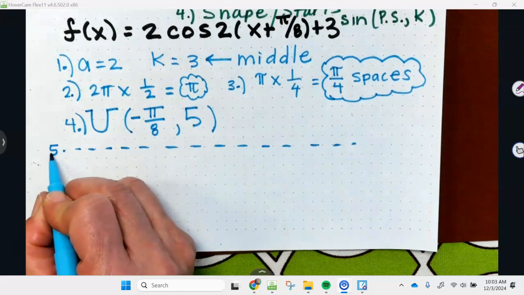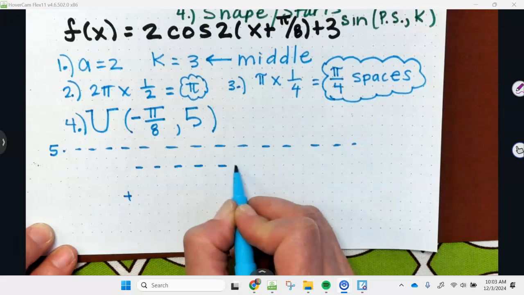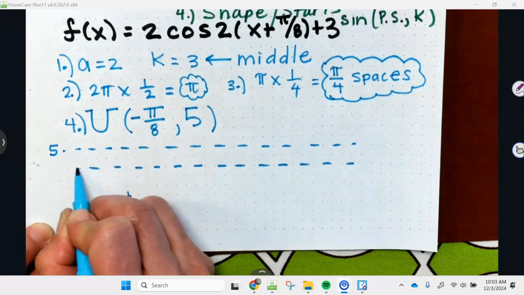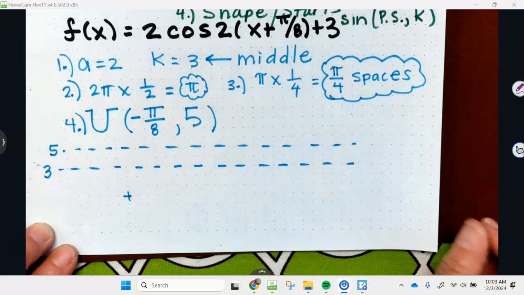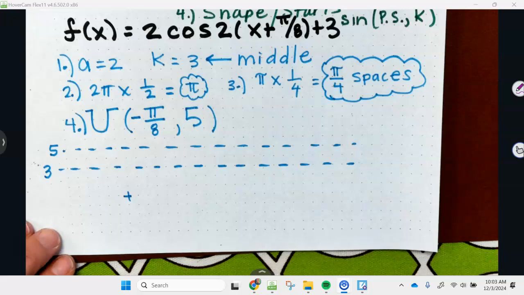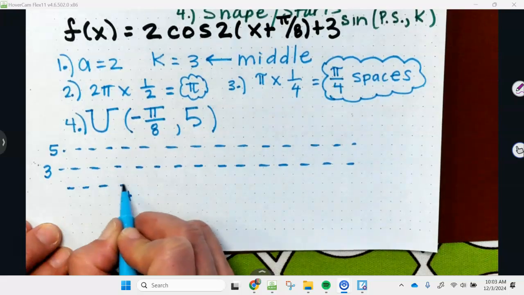So remember, this is 5. 2 places down is the K value, the middle. Two places down from that is the lowest the waves are ever going to get. What's the lowest the waves are ever going to get? Yep, that's right, it's 1.